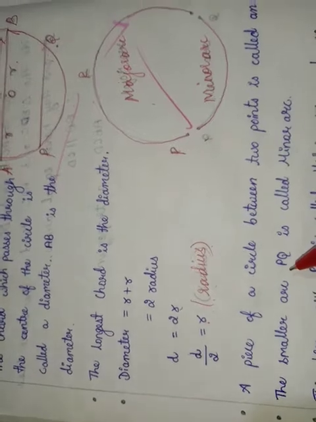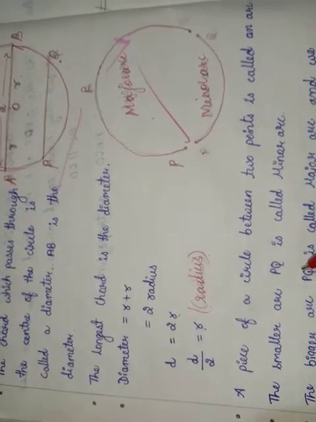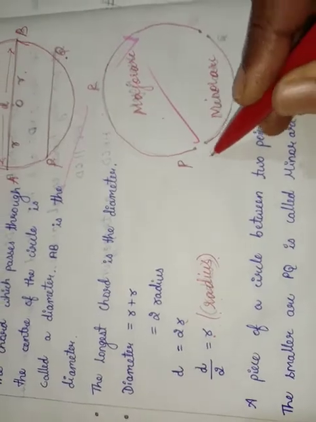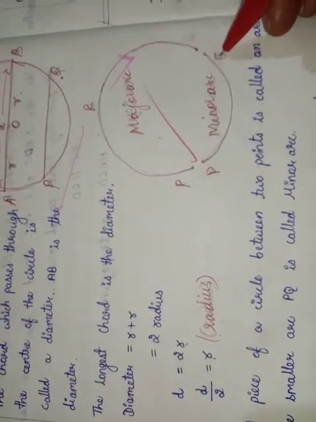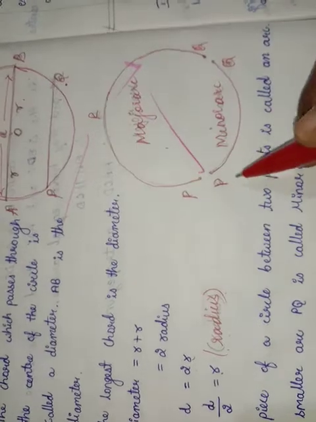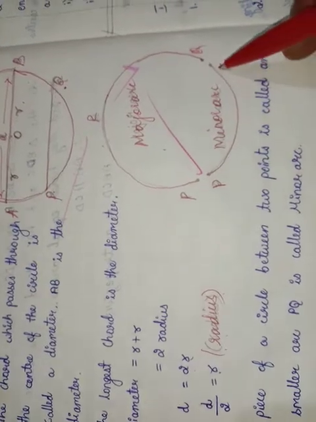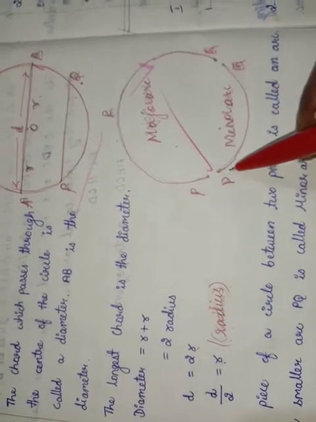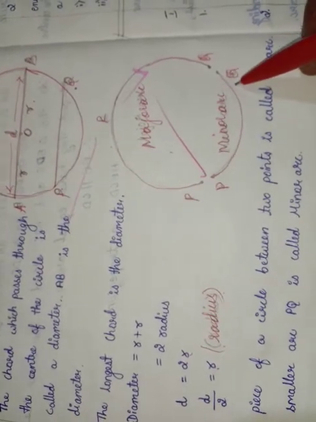Okay, next, a piece of a circle between 2 points is called an arc. See here, a piece of a circle between 2 points is called an arc.